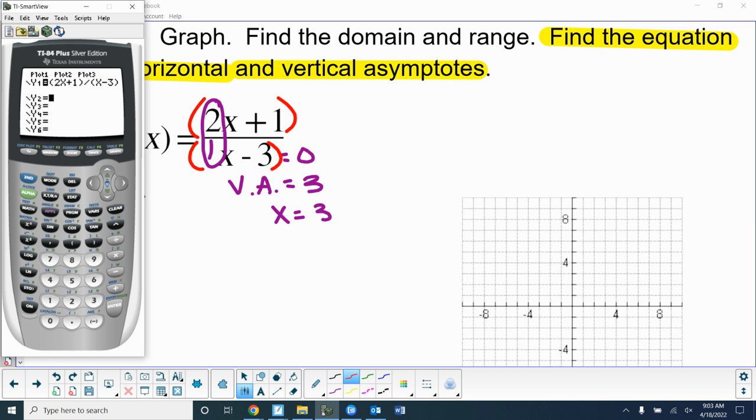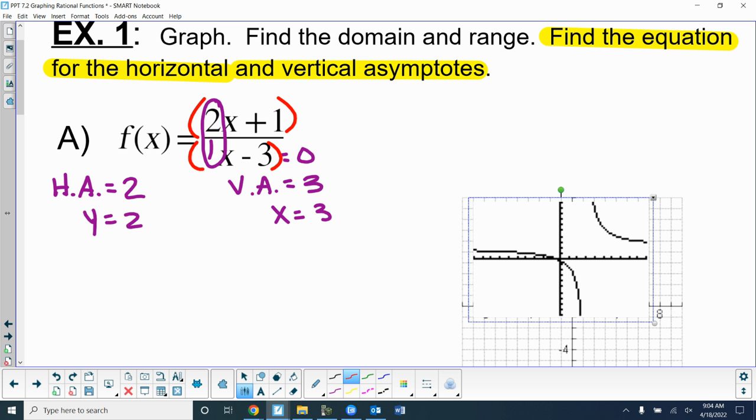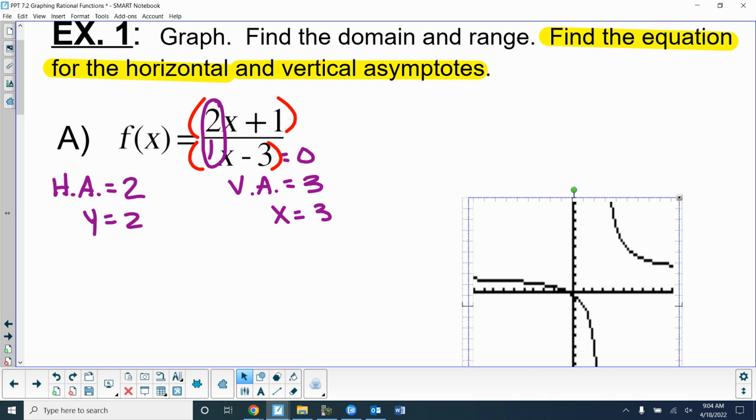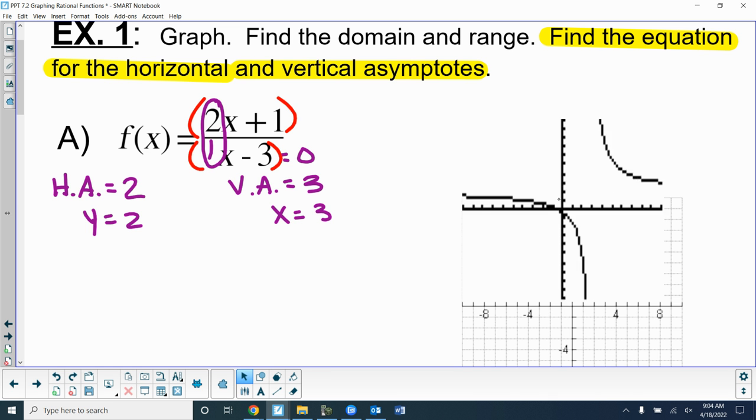Parentheses around the numerator and the denominator. Hit graph, and that's what it looks like. Okay? So if I put it over here, and make it bigger, move it up, I guess.